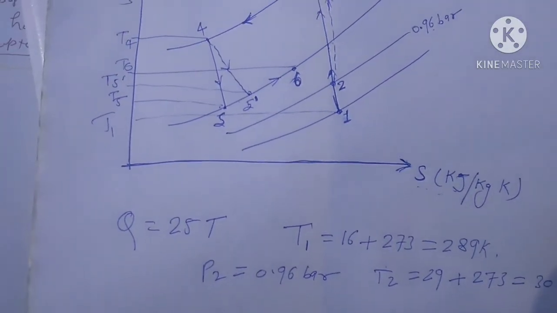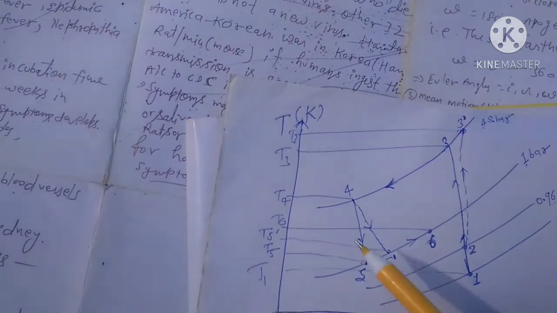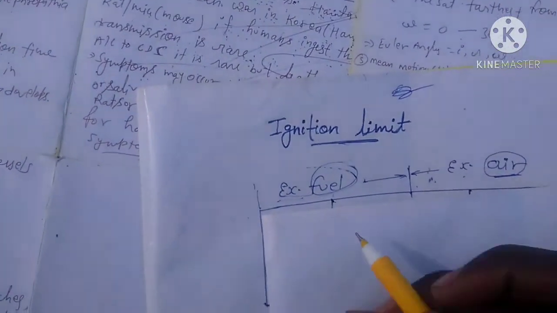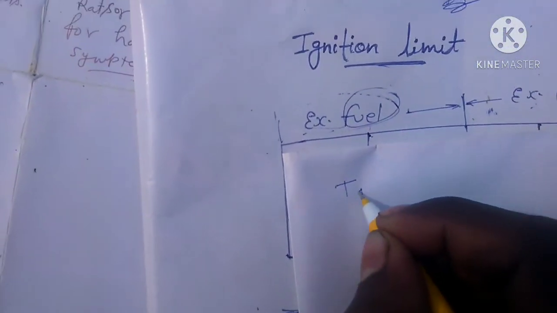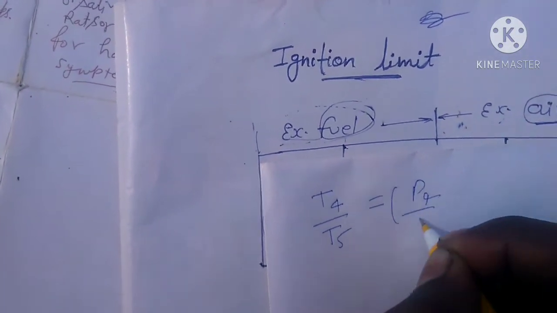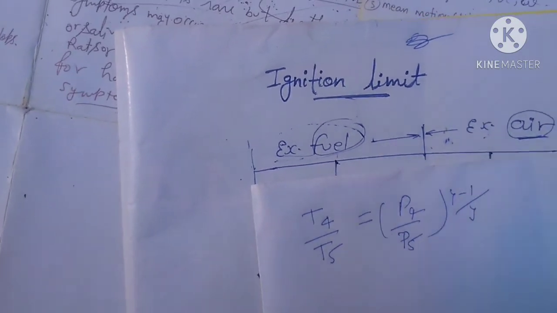Now for the isentropic expansion process from 4 to 5: T4 divided by T5 equals P4 divided by P5 to the power gamma minus 1 divided by gamma.